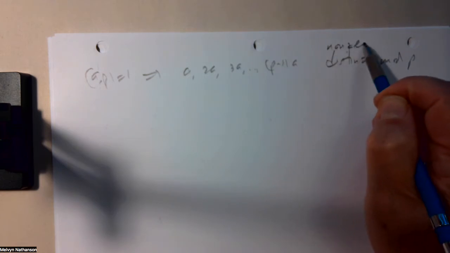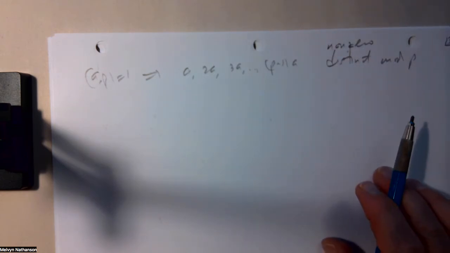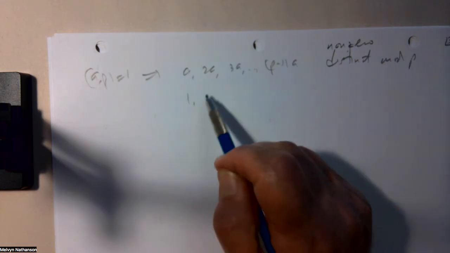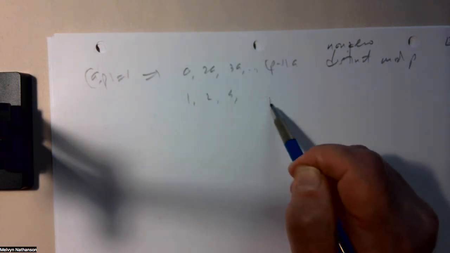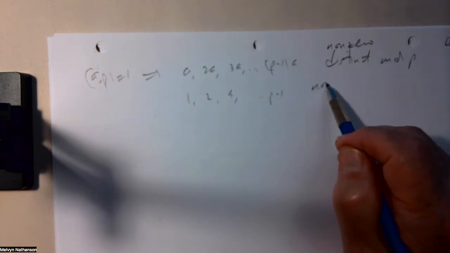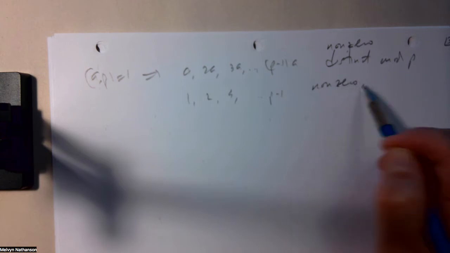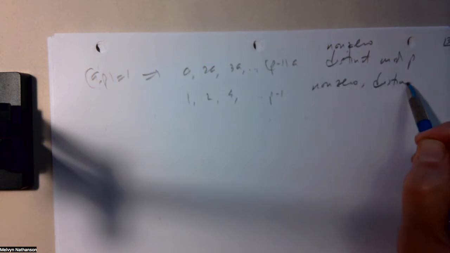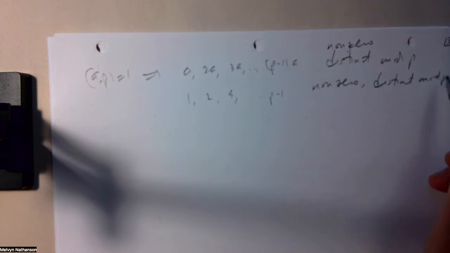And they're non-zero. But the numbers 1, 2, 3 up to p minus 1 are also non-zero and distinct mod p.